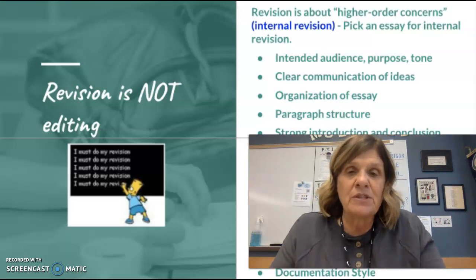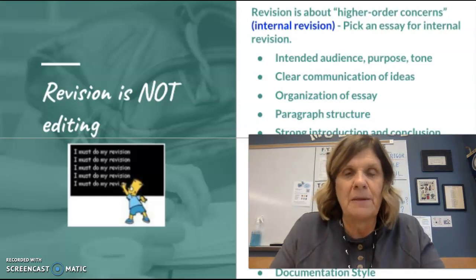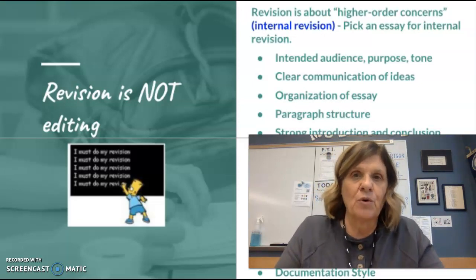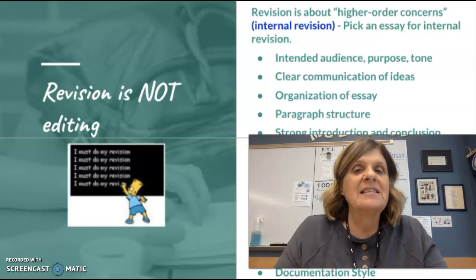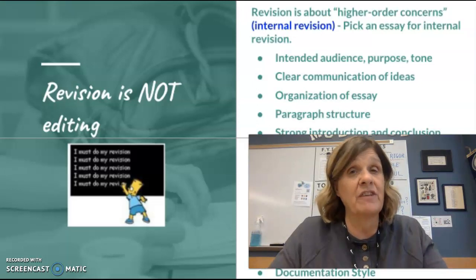To me, if I were spending 20 hours of time in revision, I know you won't spend that much time with this paper, but if I were, I would make sure that about 18 hours were devoted to internal revision.